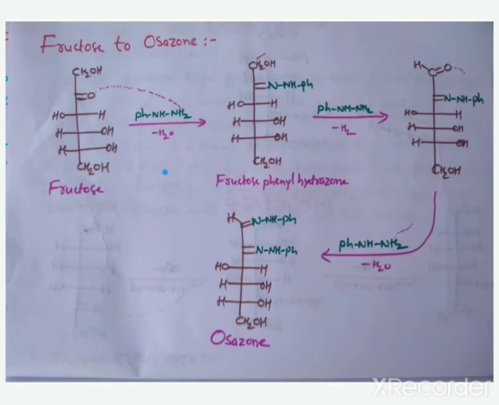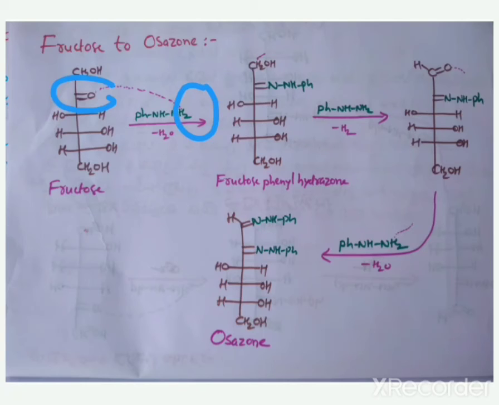Fructose reacts with phenylhydrazine. What is the main role of phenylhydrazine? It reacts with the C double bond O group. In this C double bond O group, oxygen and hydrogen will combine to form H2O.